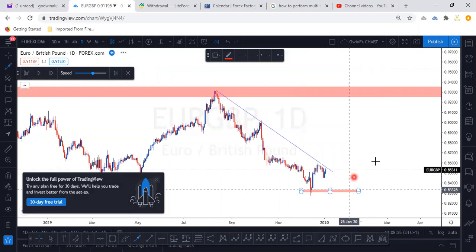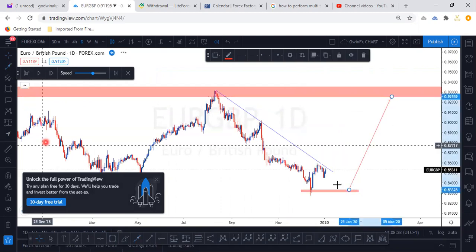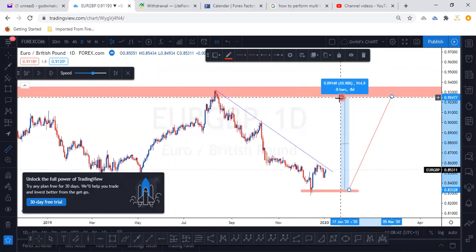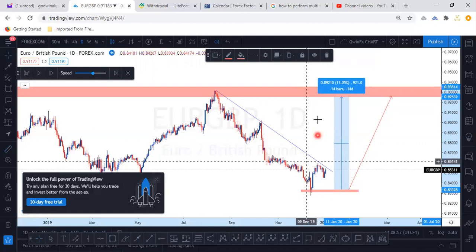Let's see how many pips this high is. This is 9,210 pips, that's the peak.